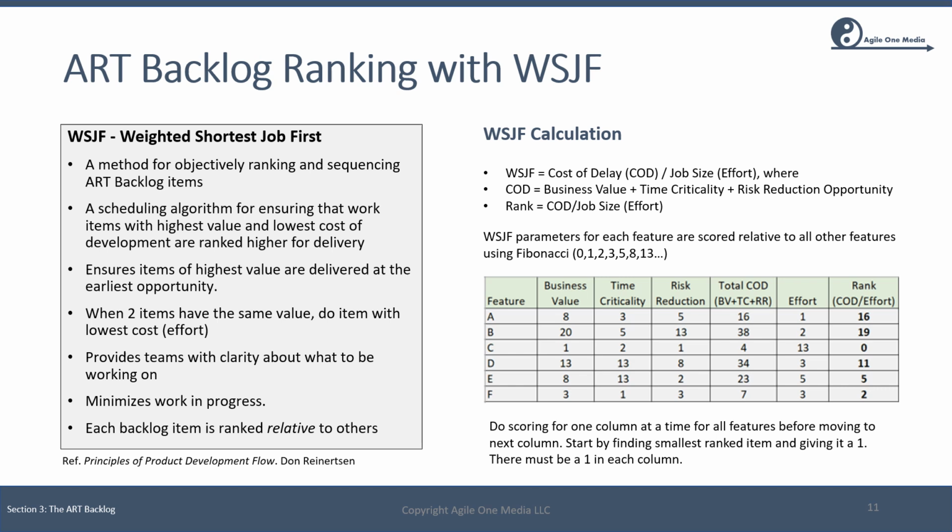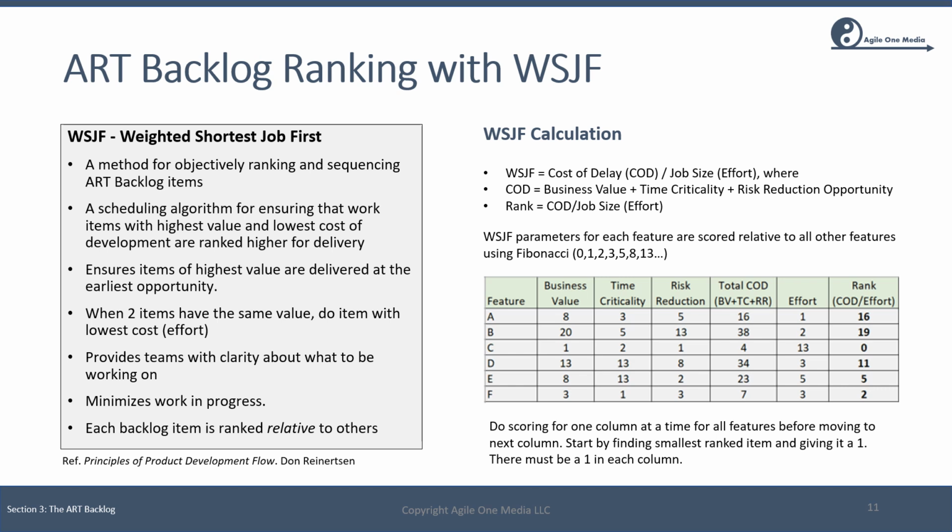And then once we've done that, the rank is simply the cost of delay divided by the job size or effort. Now, all of these parameters are sized in a relative way using Fibonacci.